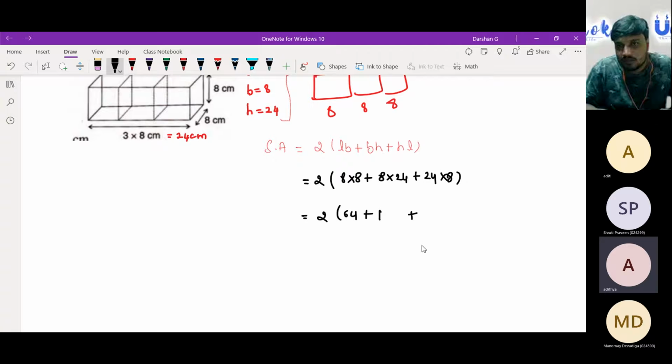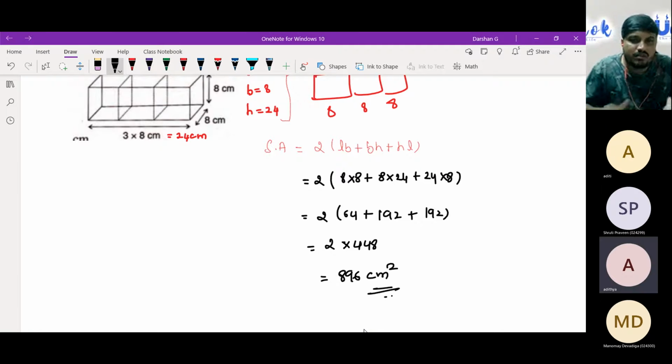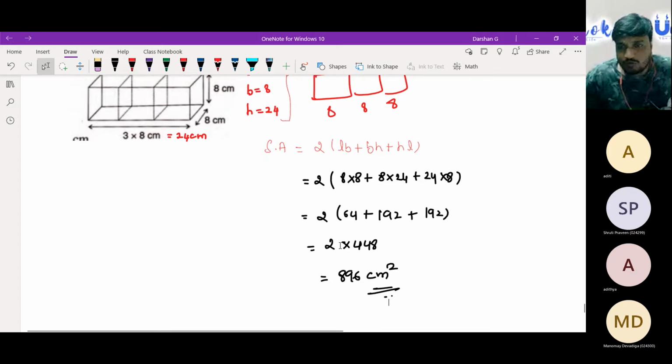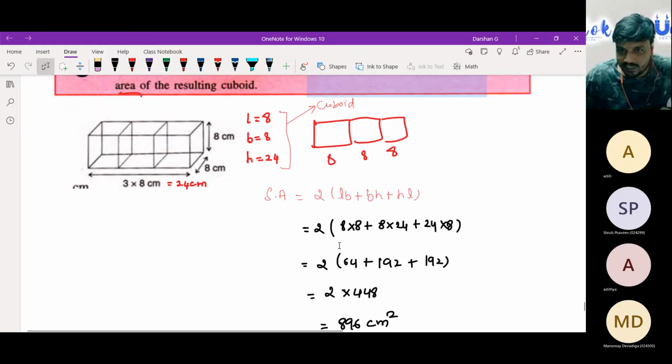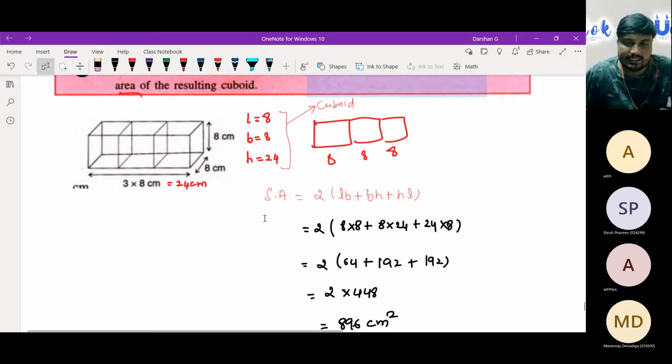So it's 192. 192, correct. 192 plus 192 is 384, plus 64, that is 448. 2 times of 448. What is 2 times of 448? 896 centimeter square. So simple, isn't that question? You told 448, right? So the answer should be 896 centimeter square. That is why I told you, you missed this 2.